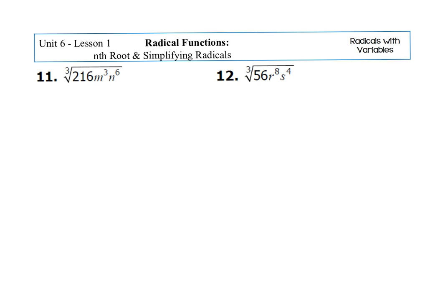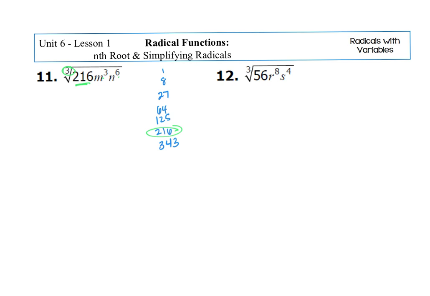On number 11, I've got the cube root of 216 m cubed n to the 6th. Now you look at this number, 216 is on the list, so it is a perfect cube already. My variables' exponents are 3 and 6, which are both divisible by 3, which is what they need to be because we're cube rooting them. So we divide the exponents by 3 to do that.